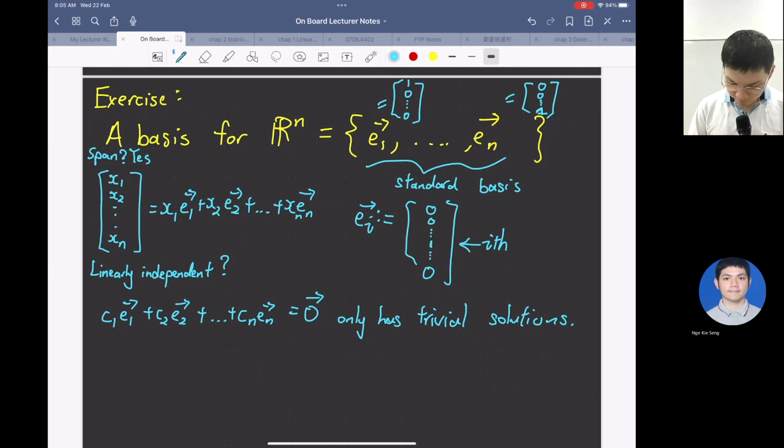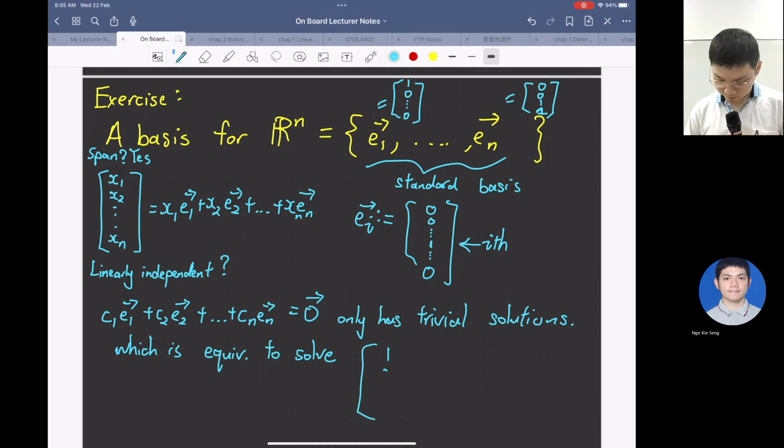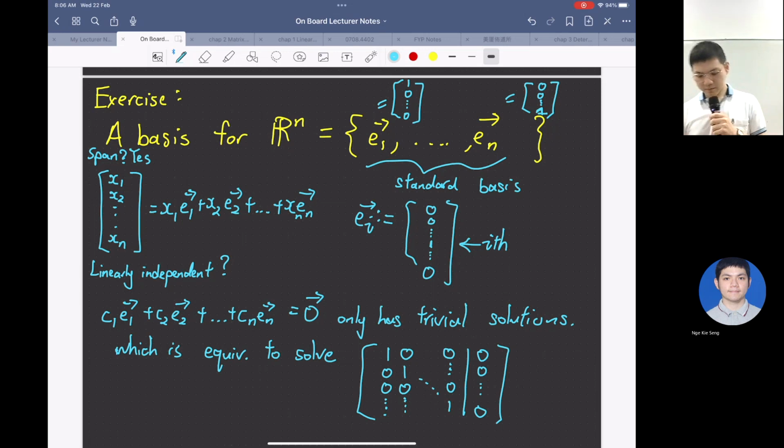Which is equivalent to solving this matrix here, this augmented matrix. So it's diagonal, which means only diagonal entries.